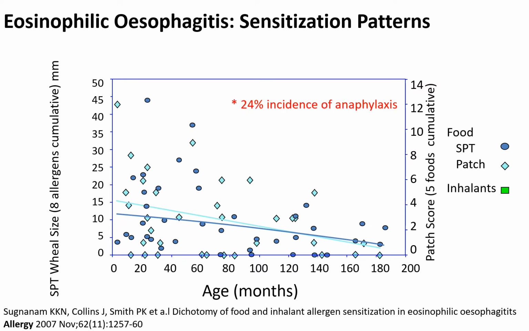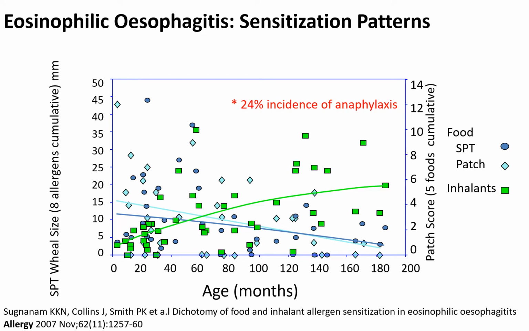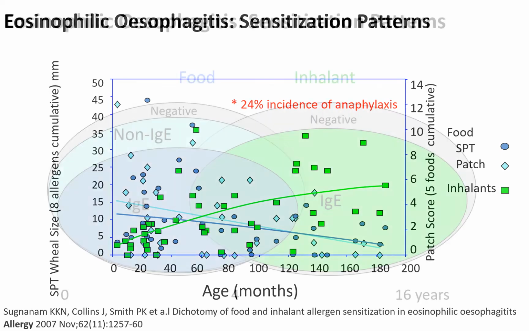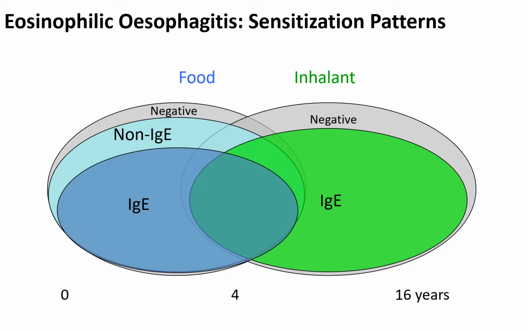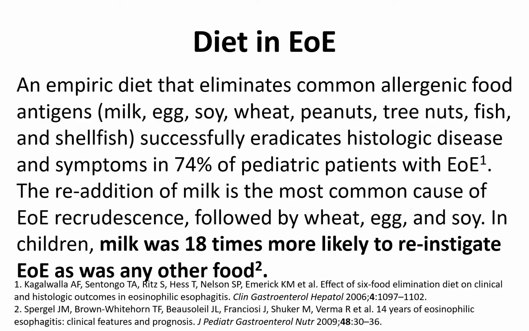Then we looked at the inhalant allergens, and as patients got older, we were more likely to see IgE to inhalant allergens. So this is our picture of IgE with food seeming to be important, but we know that food reactions are important in adults, so this model is somewhat wrong. We certainly see food allergy present in older patients as well with EOE.